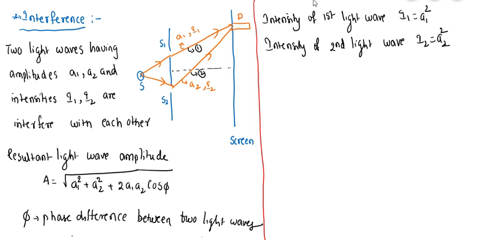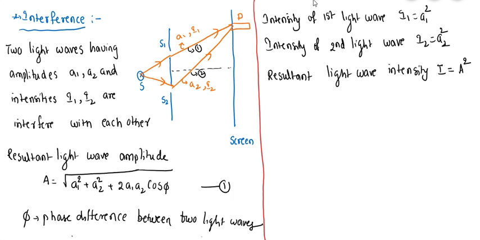The resultant light wave intensity we consider as I, which is equal to the square of the resultant amplitude. We consider this as equation 1.